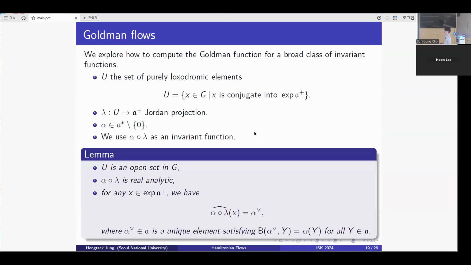For an element in the positive Weyl chamber, the Goldman function of this particular invariant function is just the dual of alpha, so it's the constant function on the Weyl chamber, where by dual I mean the element in the Cartan subalgebra that satisfies this condition. You can find such a thing because B is a non-degenerate symmetric bilinear form.